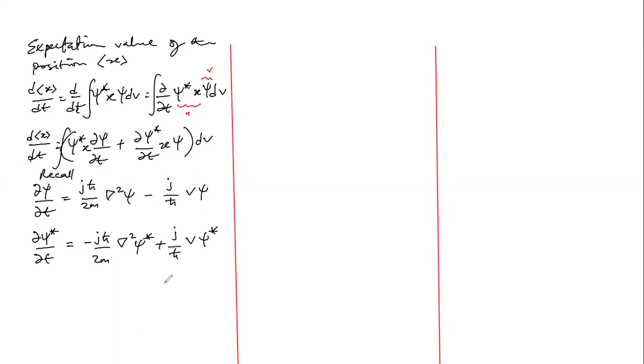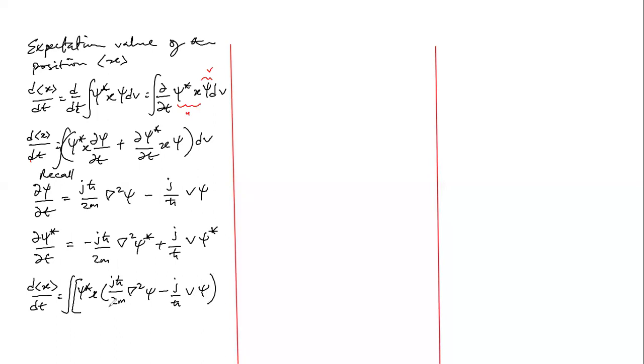So what we are going to do is to replace this expression with what we have here, so that the first time derivative of the position will now be the same as this. That is psi conjugate x, so we plug in this parameter: j h cross over 2m nabla squared psi minus j over h cross V psi.